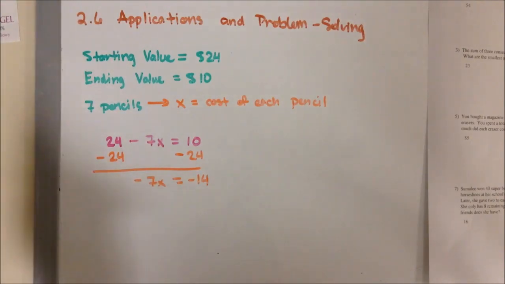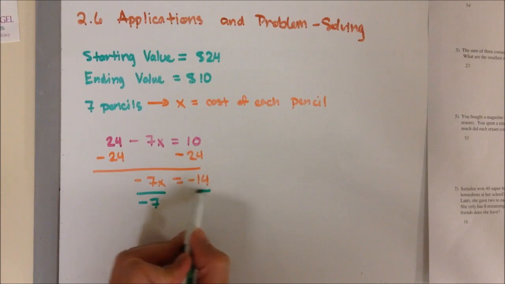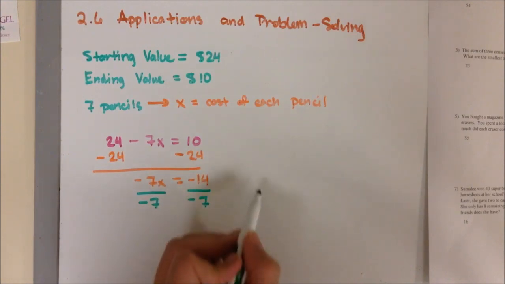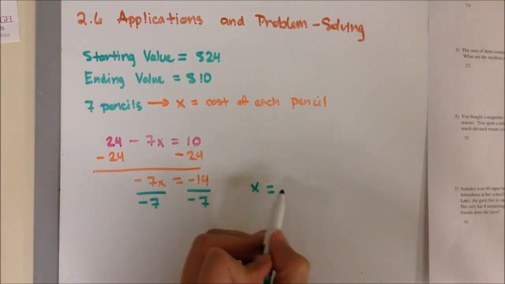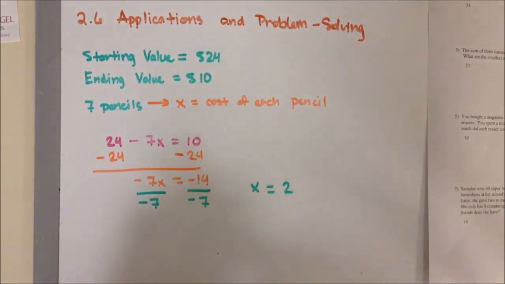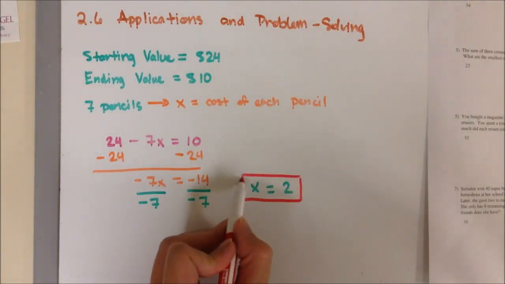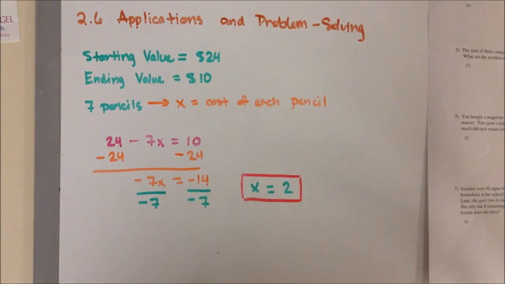In order to solve for x, I'm going to divide the left side by negative 7 and the right side by negative 7. So x equals negative 14 divided by negative 7, which is positive 2. My final answer is x equals 2, or the cost of each pencil was $2.